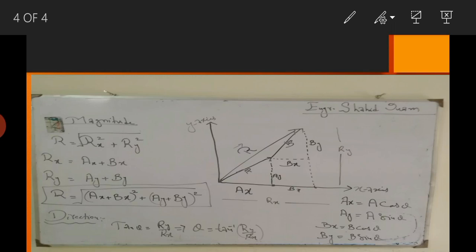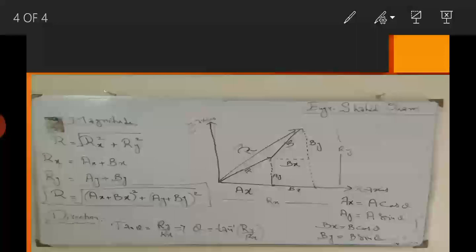Now in order to find the direction, we have the trigonometric ratio which we have discussed in the rectangular component method lecture. So for the whole big triangle, this R, Ry and Rx line, the perpendicular is Ry, whereas hypotenuse is R, so tangent theta is equal to perpendicular divided by base, so tangent theta is equal to Ry divided by Rx, and theta is equal to tangent inverse of Ry divided by Rx.